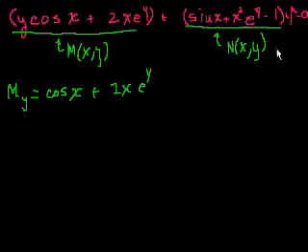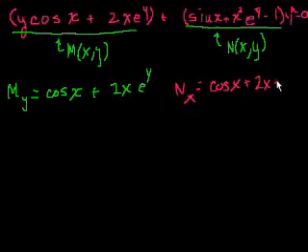Now, what is the partial derivative of this with respect to x? N sub x, or the partial of N with respect to x. So what's the derivative of sine of x with respect to x? Well, that's easy. That's cosine of x plus 2x times e to the y, right? E to the y is just a constant because y is a constant when we're taking the partial with respect to x. So plus 2x e to the y, and then minus 1.